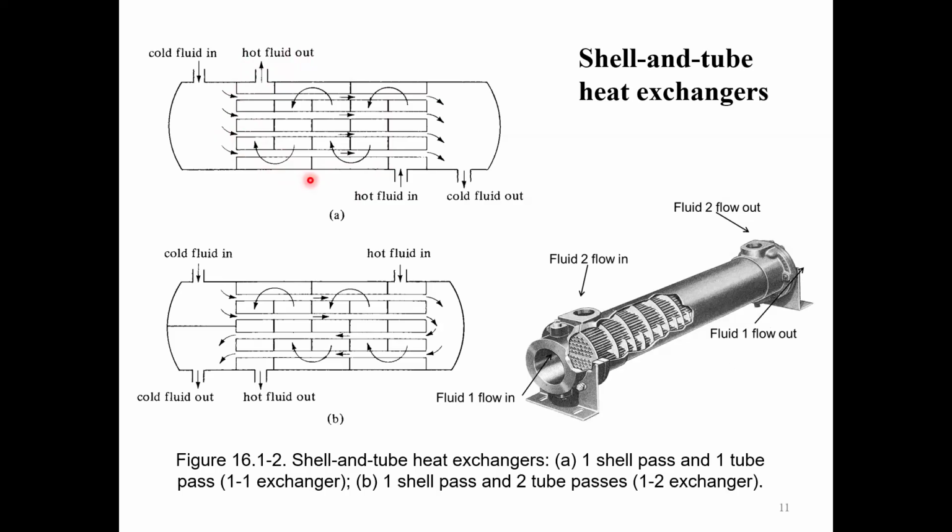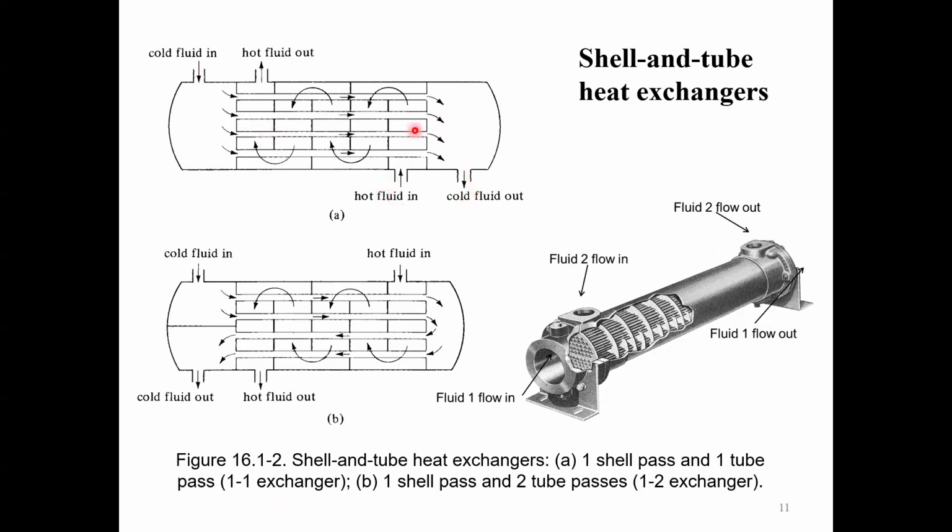So there are several practical decisions you have to make in deciding which fluid flows through the tube side versus the shell side. And this particular heat exchanger is called a one shell pass and one tube pass heat exchanger, because the fluid flows through the tube side once and then it exits.